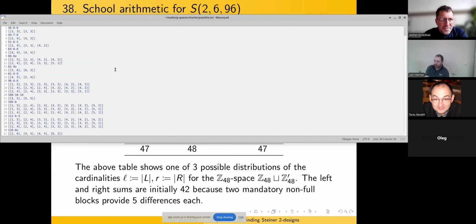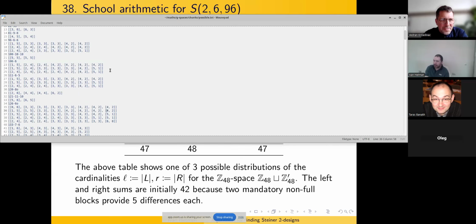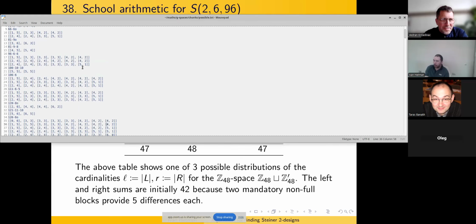And you can see that, for instance, let's scroll further. For instance, it is impossible to generate both 85.7 and 91.7 with two orbits. And it is impossible to generate 91.6 with two orbits of length 45.